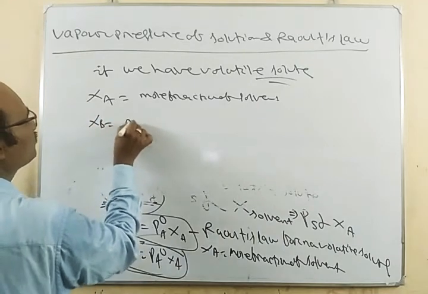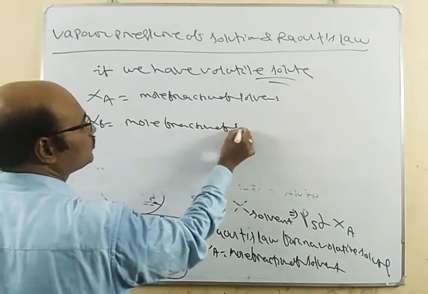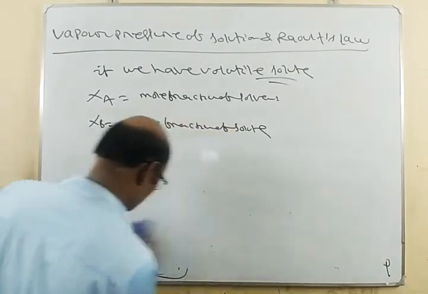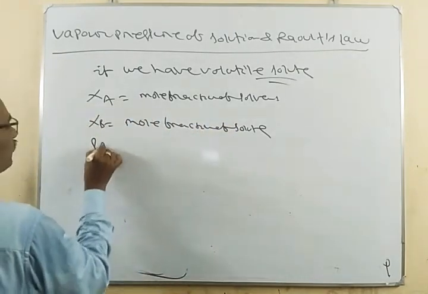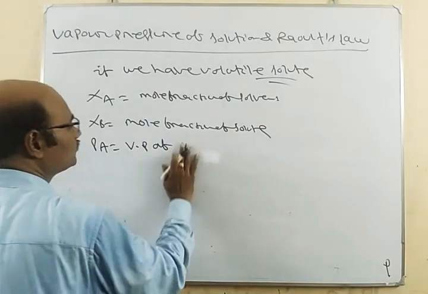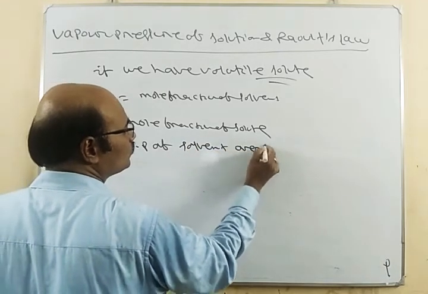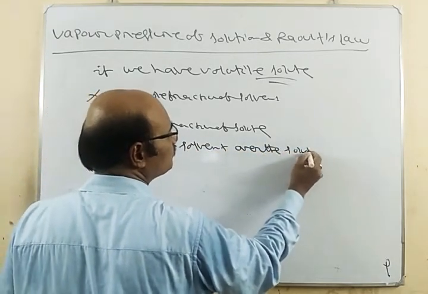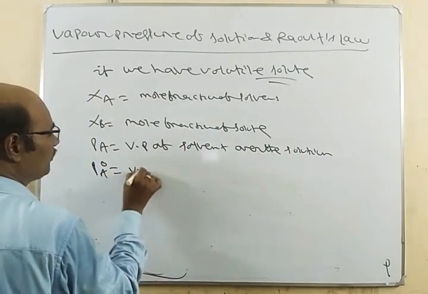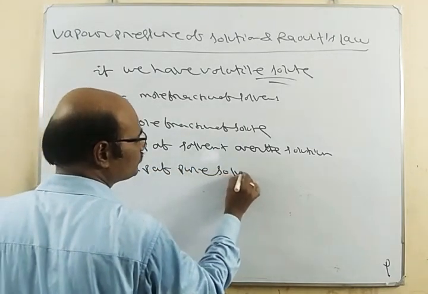XB is the mole fraction of your solute. Suppose PA is the vapor pressure of solvent over the solution, and PA0 is the vapor pressure of pure solvent.